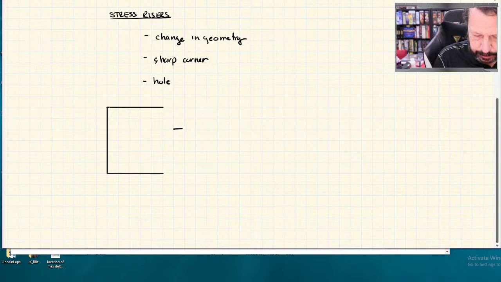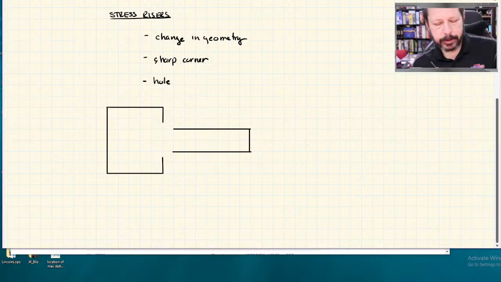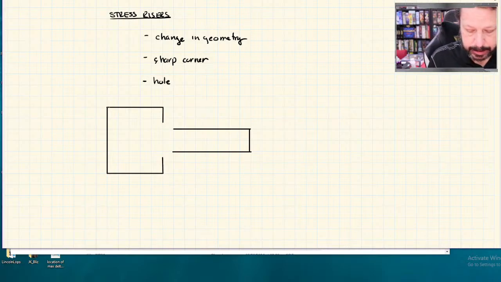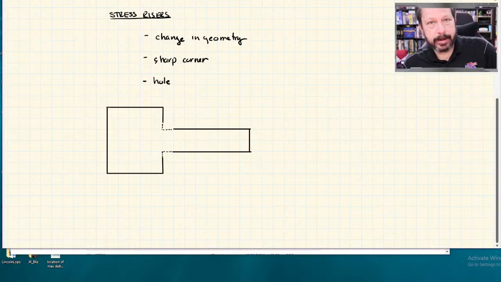And it's going to go down to a smaller area over here. And I haven't included the corner yet. So the worst case situation here is I make a really sharp corner. So that sharp corner is going to have a really high stress concentration factor.